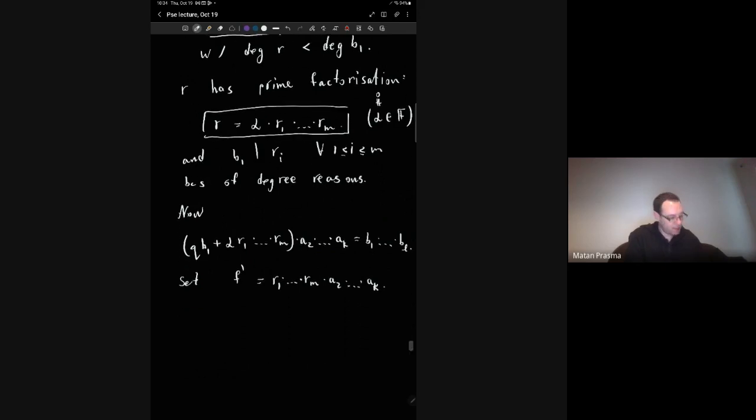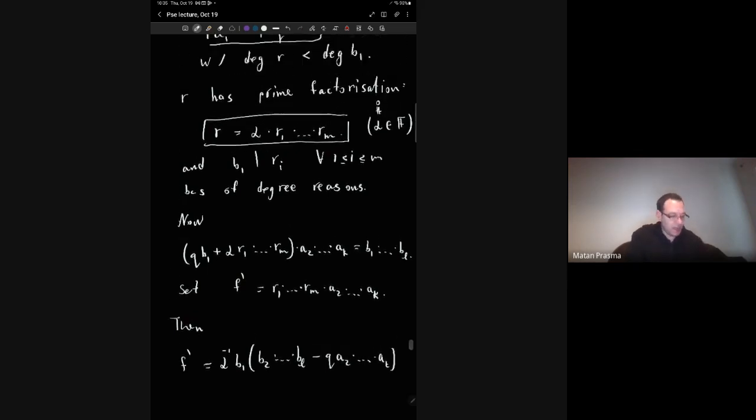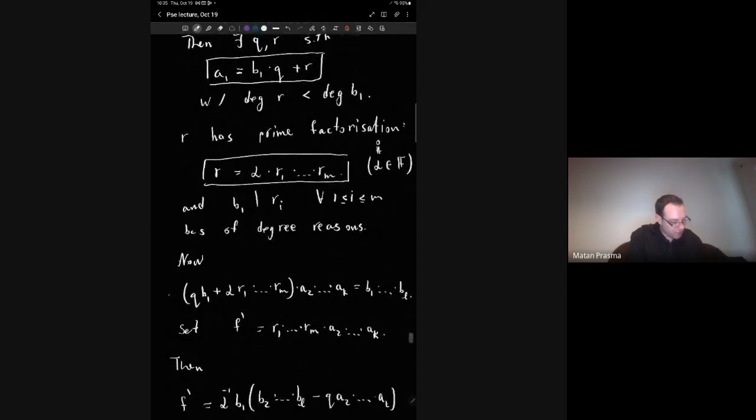And I can write F prime as, if you check it, it's going to be the inverse of alpha times B1 times B2 up to BL minus Q A2 up to AK. Okay, this I obtain from star.